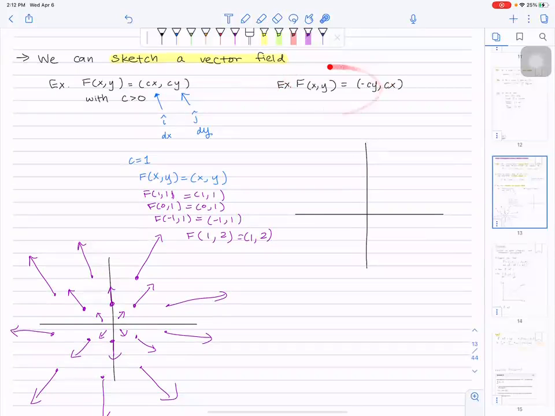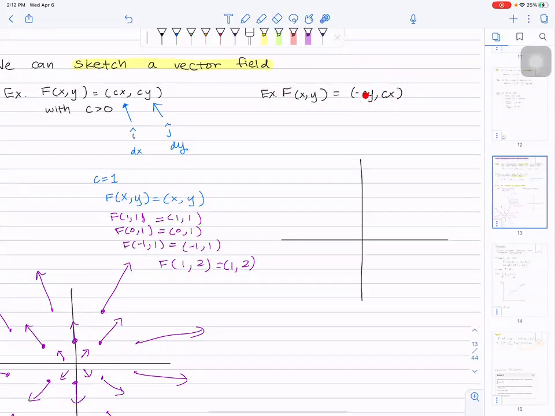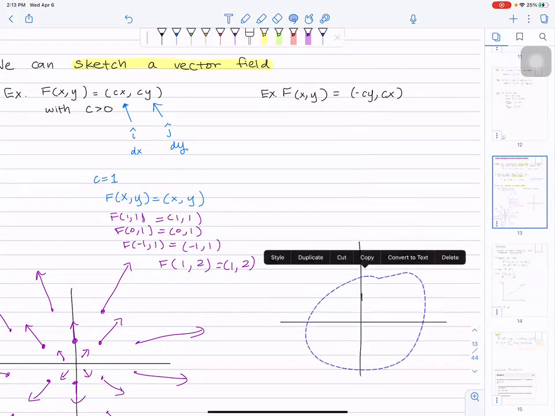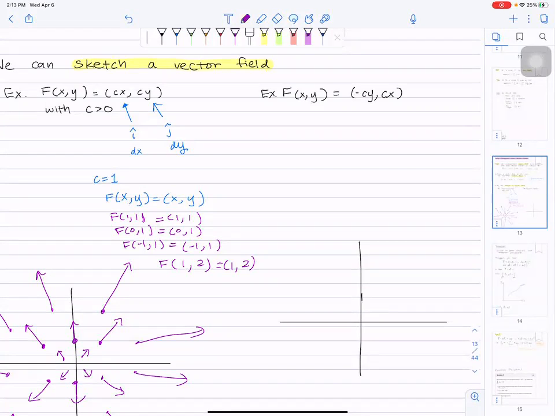Okay, so why don't you guys try this next one then? You can test it again with c equals 1 and see what happens. Does anyone see any patterns?